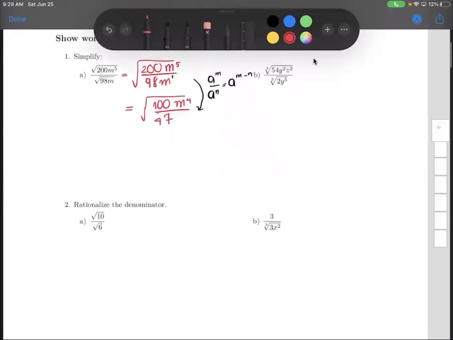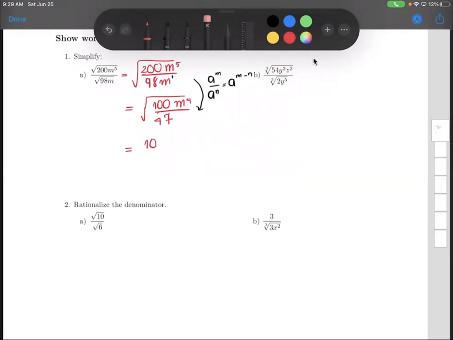Now you can simplify each of those. You can break it into separate square roots. Somebody might do square root of 100 times square root of m to the 4 divided by square root of 49, but I'm not going to do that, it just takes too much time. I'll just simplify factor by factor. So square root of 100 is 10.